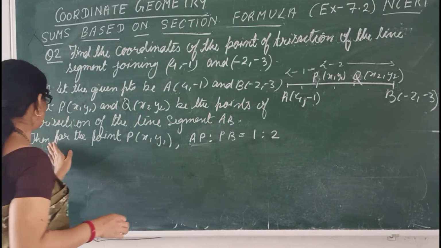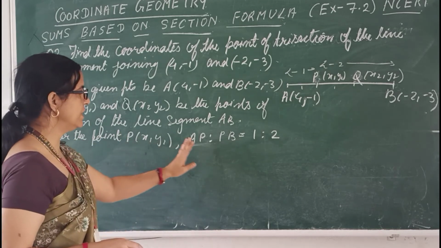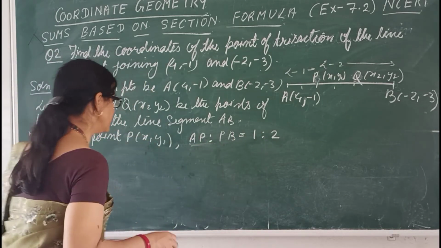So for the point P (x1, y1), AP is to PB equals 1 is to 2.